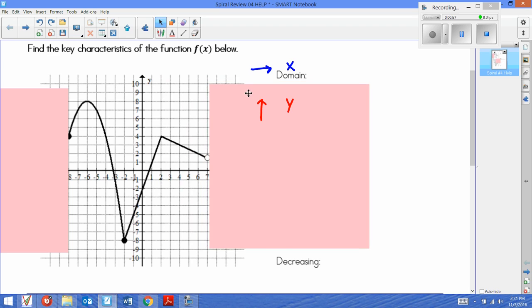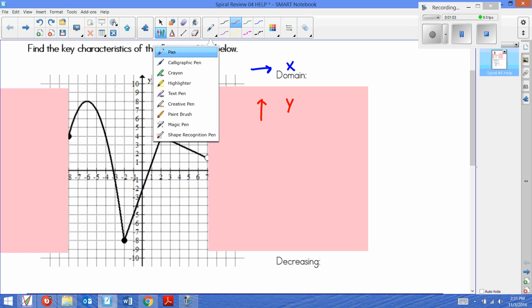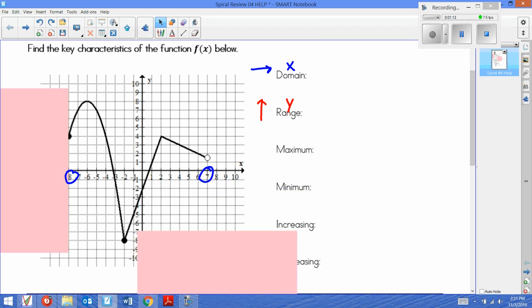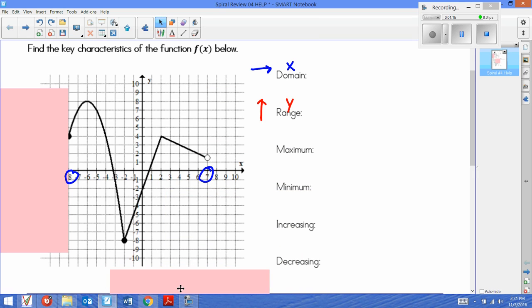Looks like my function stops right here. Since we're only dealing with the domain, we're actually just looking at the x values, where it begins and where it ends. Okay, now that I have my 2 values circled, let's jump over and write this in both types of notations.